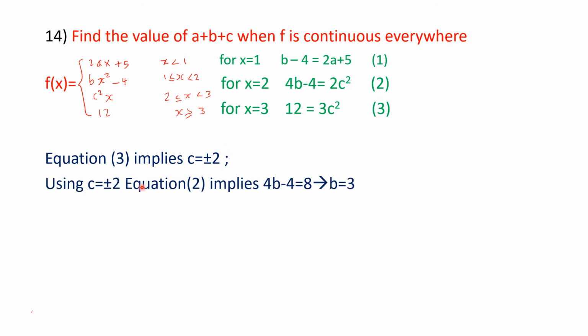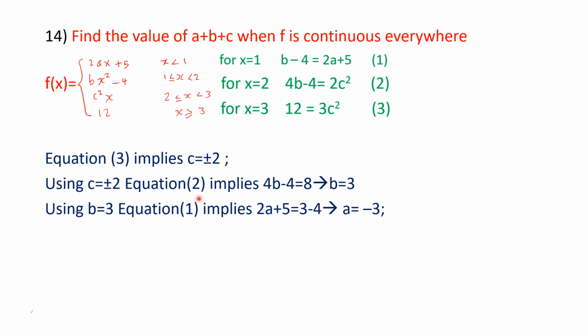So using plus or minus 2 on equation number 2, it doesn't matter which one because it's c squared. So if we plug in 2 or negative 2 for c, it's going to give us the same value. So we'll get 4b minus 4 equal to 8. This implies that b equal to 3.